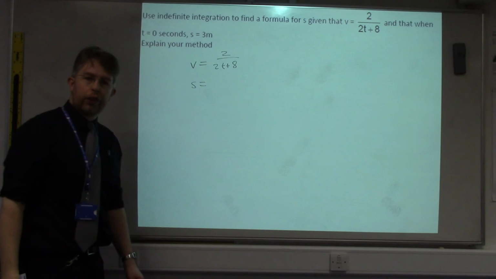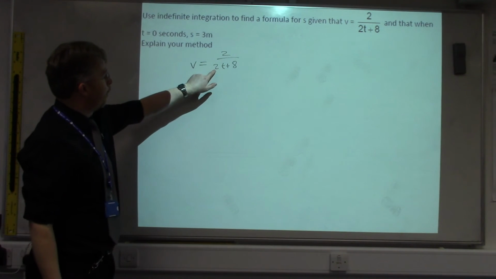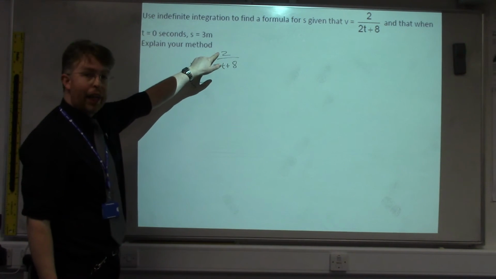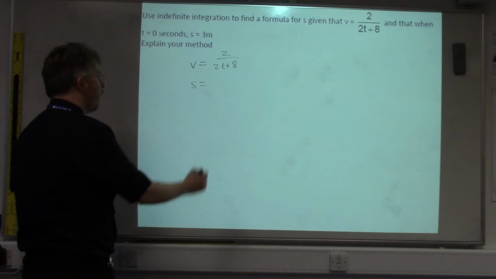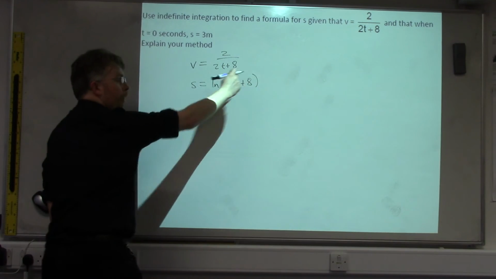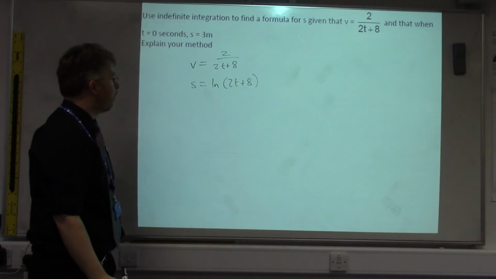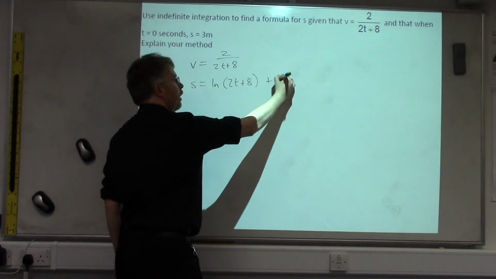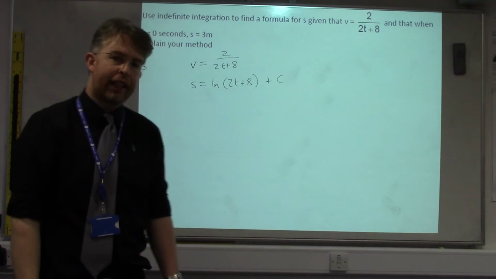Integrating a function like this, as long as the number in front of the t at the bottom is the same as the number at the top, it integrates to the ln of the denominator, the 2t plus 8. And because it's integration, we always get a plus c at the end.